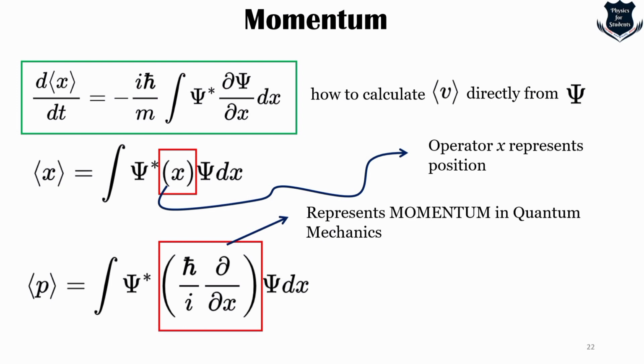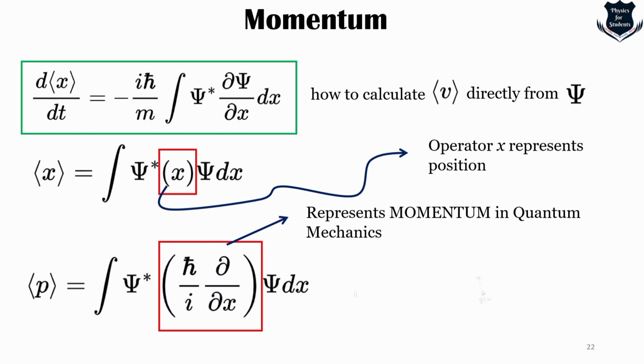To calculate expectation values, we sandwich the appropriate operator between psi conjugated and psi, and integrate. That brings us almost to the end of the video, because here we have looked into how we write the operator and use it to find the momentum.